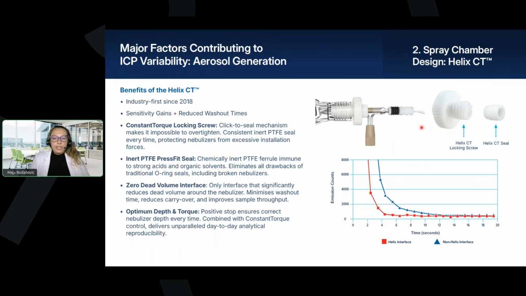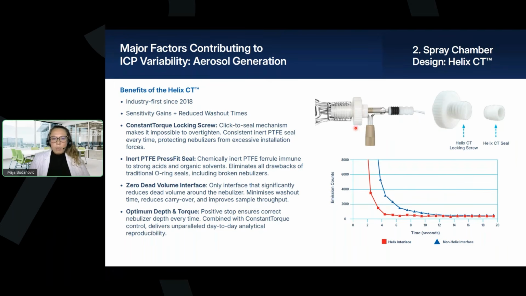Another design feature that we can see here is the Helix CT, the nebulizer spray chamber interface. The Helix CT was developed to address some of the common limitations in traditional spray chamber interfaces, particularly around the nebulizer connection, taking into account dead volume and reproducibility.